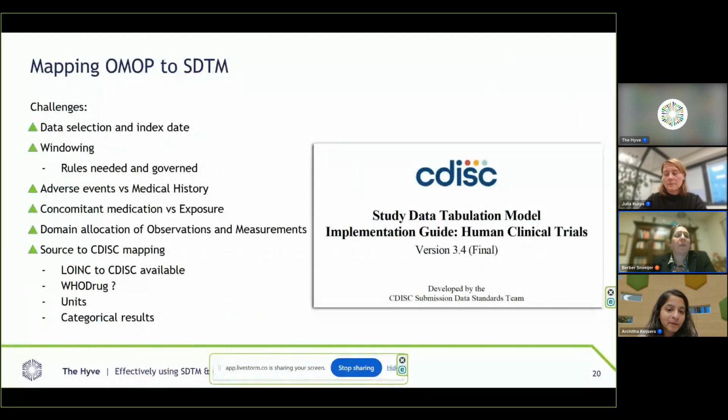Challenges. When we mapped OMOP to SDTM, we did some use cases in this area, and the challenges were selecting the right data that you want to use for your study, but also the index date. If you define your study, you need to define an index date: is the subject included in your trial?